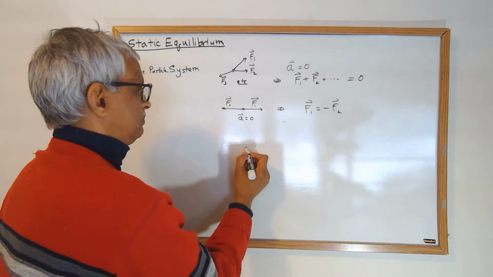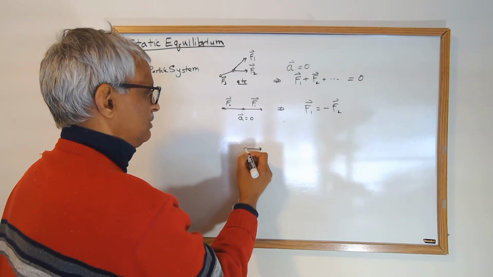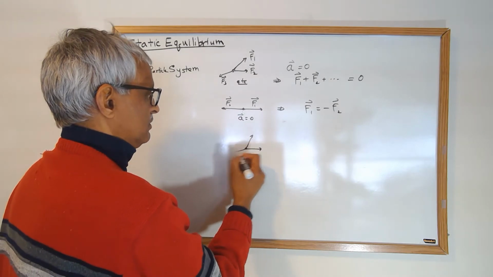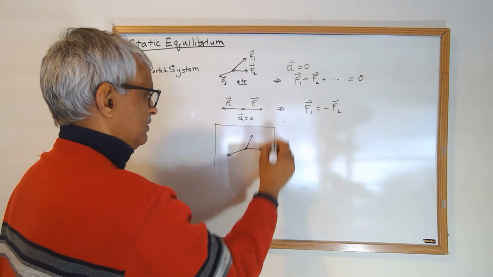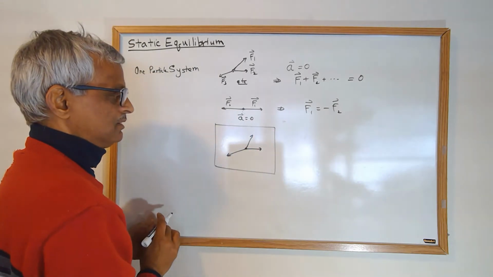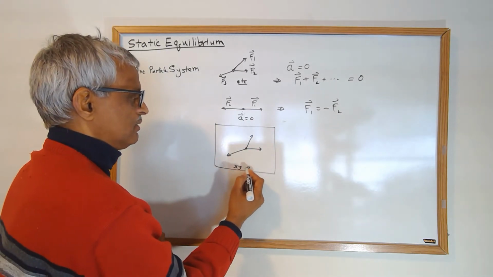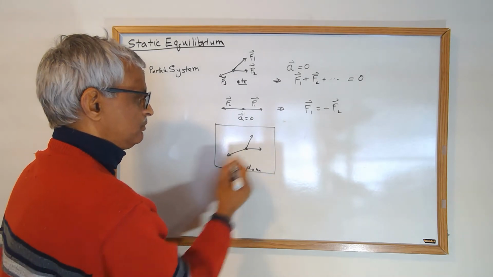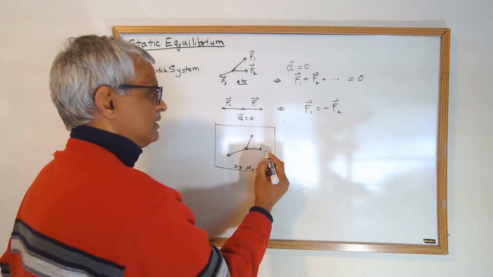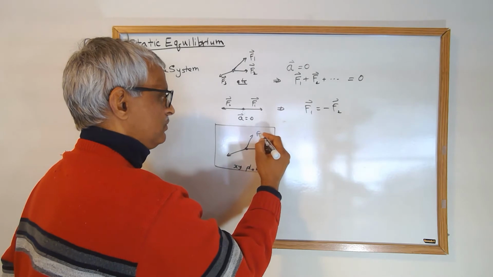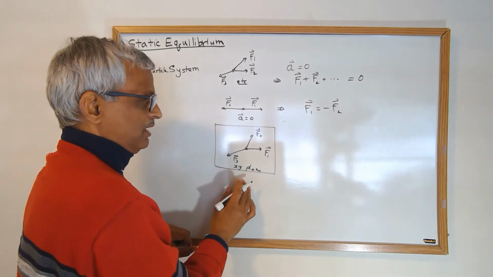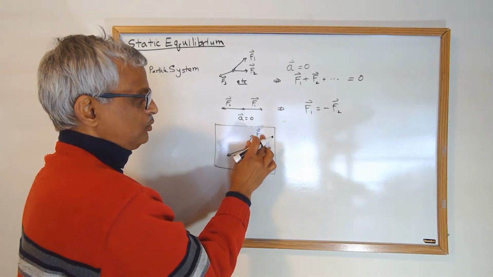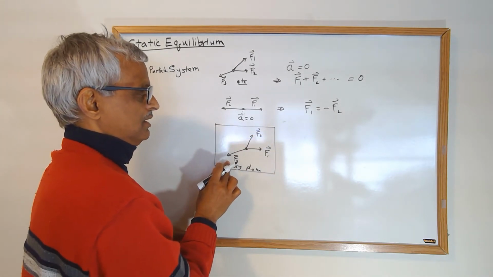If the situation was in two dimensions, say in a plane, say the XY plane, and I have this one object, some F1 is this way, F2 is that way, F3 is that way. These will all balance, meaning if I add these two, it's exactly opposite of that one.